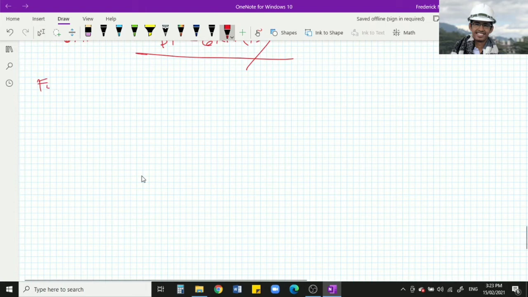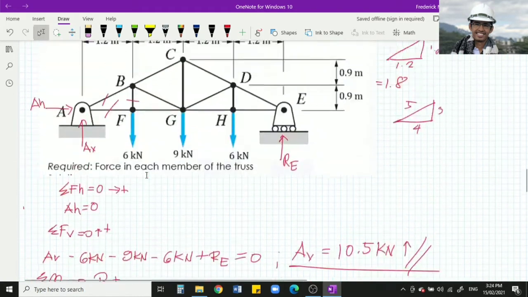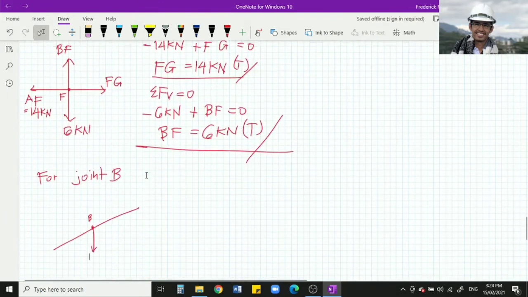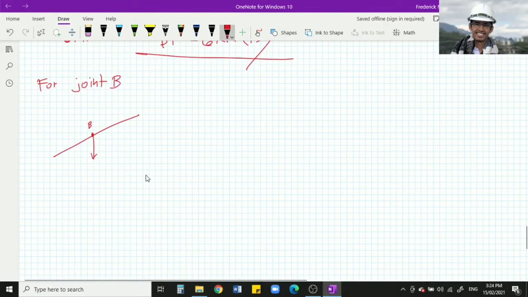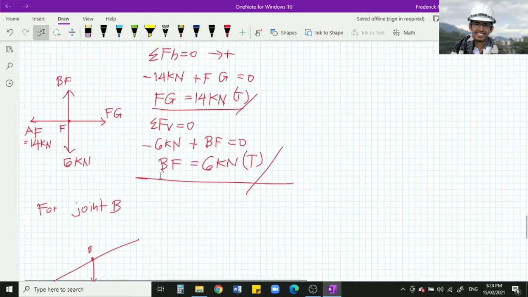So for joint B, ganito yung itsura niyan. Meron tayong, ito yung joint B natin. So meron tayong force, ito yung member natin, ito yung member BF natin. Okay? So ito yung BF natin is equal to 6 kilonewton. So tension siya, kaya away to the joint.